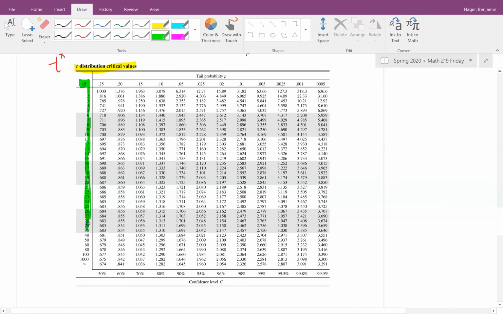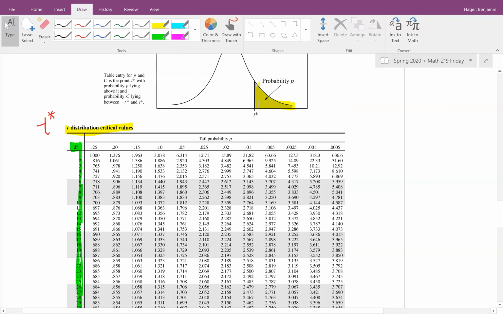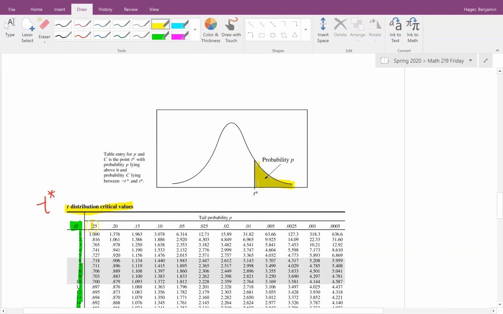And if you notice, it only goes to 30 and then it starts to skip and jump. You go to whatever's closest, okay? So you get as close as you can to the correct degrees of freedom. And then these numbers up here, this is the area. This is the probability that is right of that particular t-score, and all of these are your t-scores.